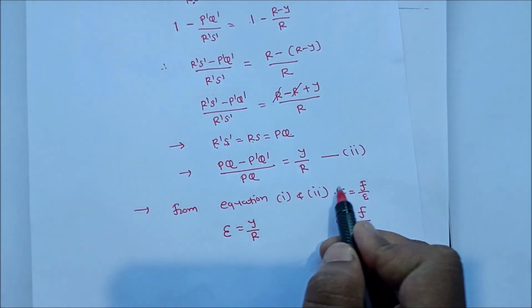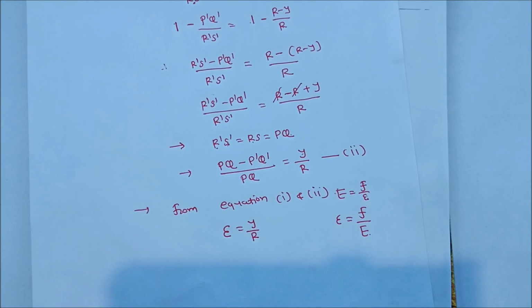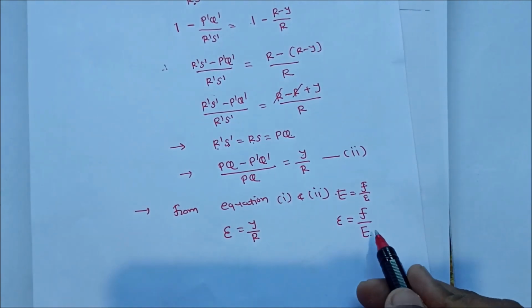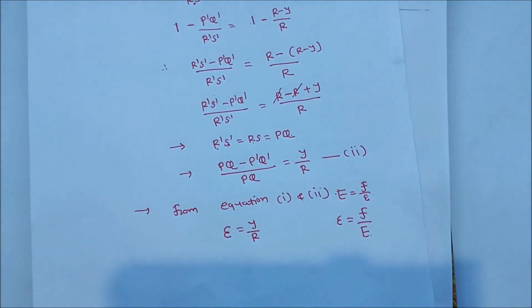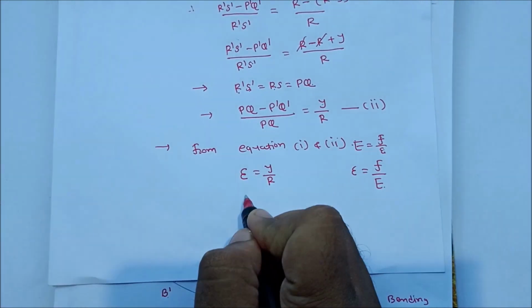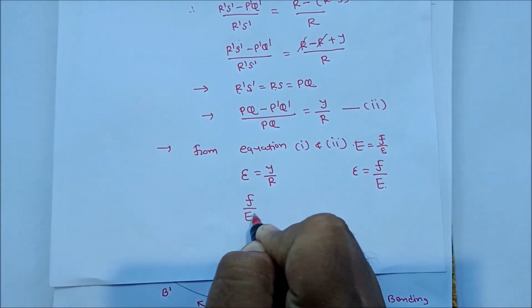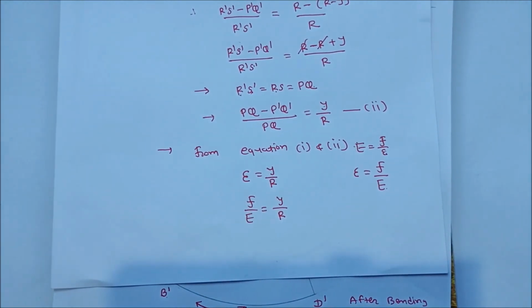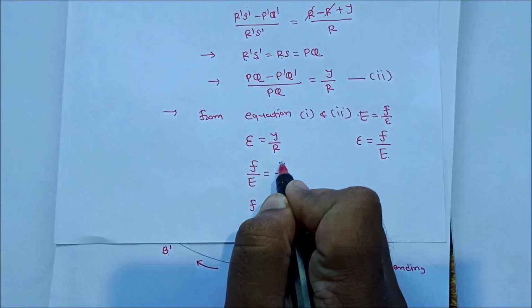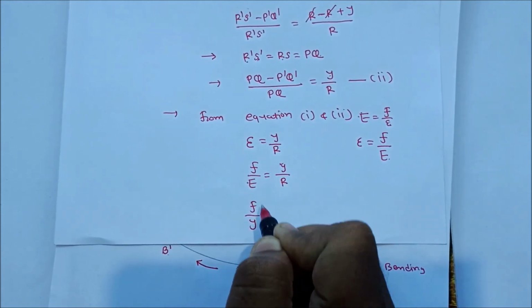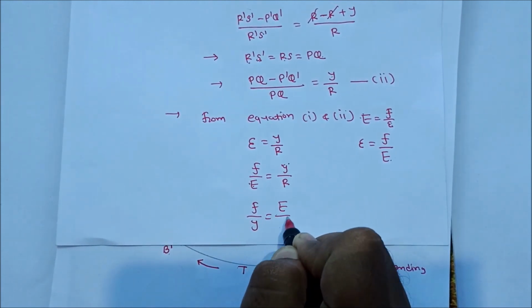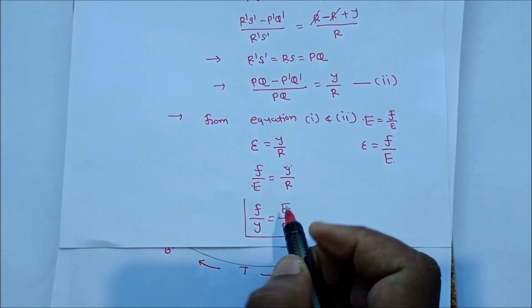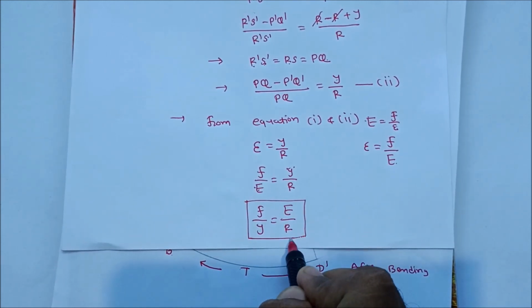So strain is equal to F divided by capital E, where F is the bending stress and capital E is the modulus of elasticity. So instead of strain we can write F divided by E is equal to Y by R. So rewrite the equation as F divided by Y is equal to E divided by R. This is equation number 3.